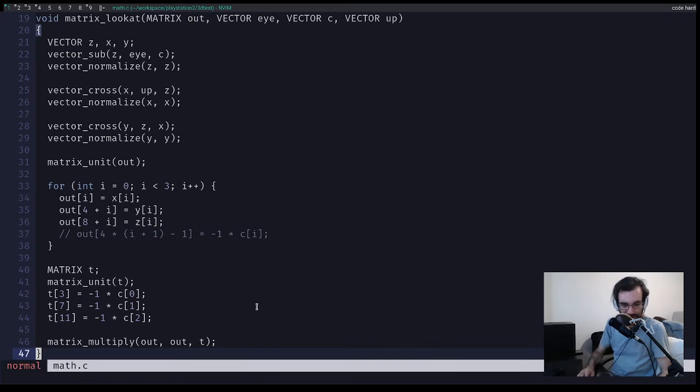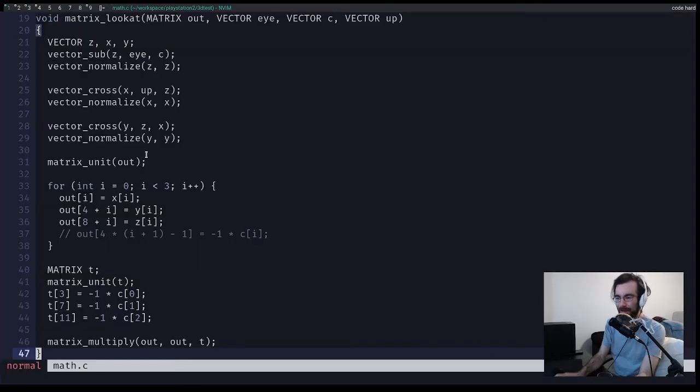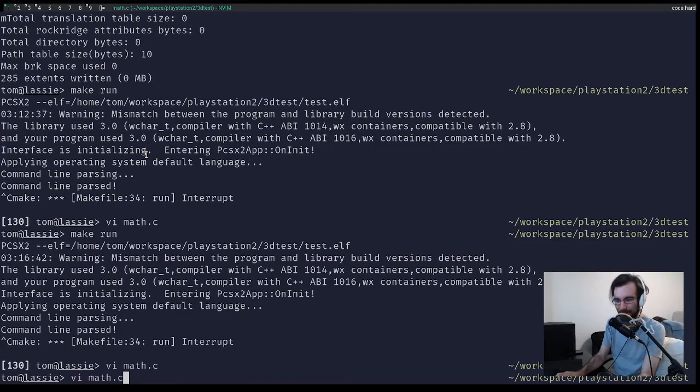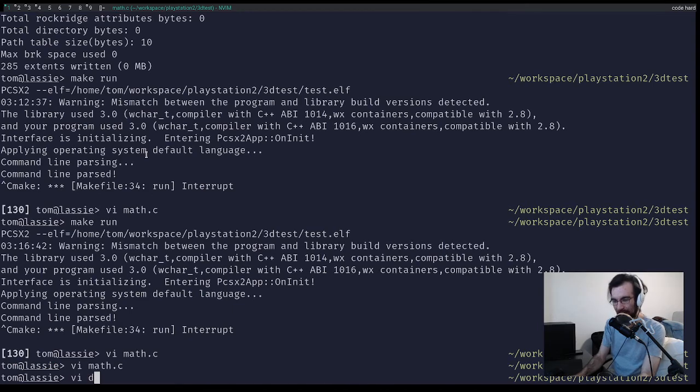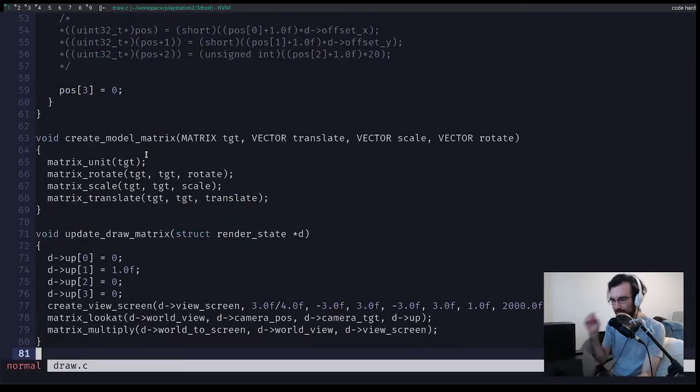Okay, so we expect... I guess this is only part of the puzzle, right? Because then it gets multiplied by some other stuff. So this gets multiplied by, in draw.c. If this wasn't a PlayStation 2 project, by the way, I would just pull in GLM or the C version of the GLM library, and this would just all work out of the box.